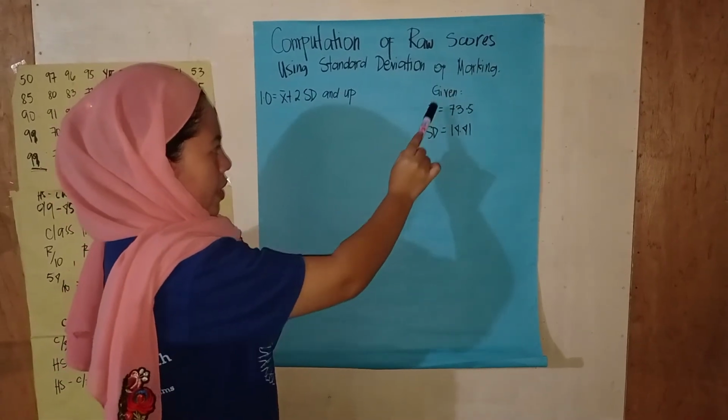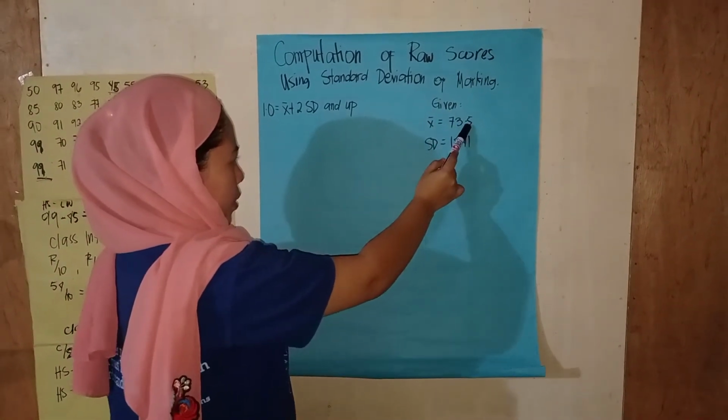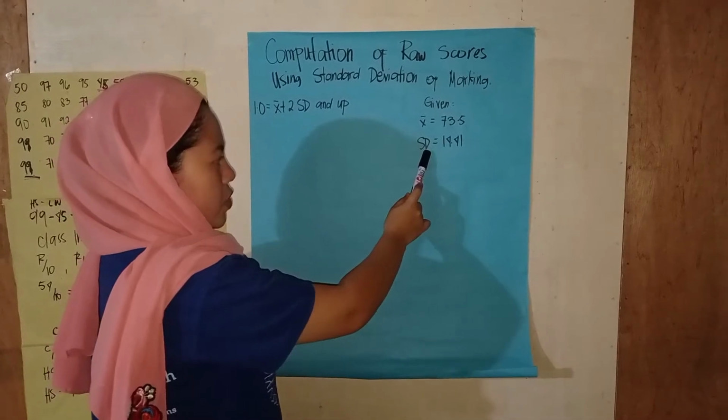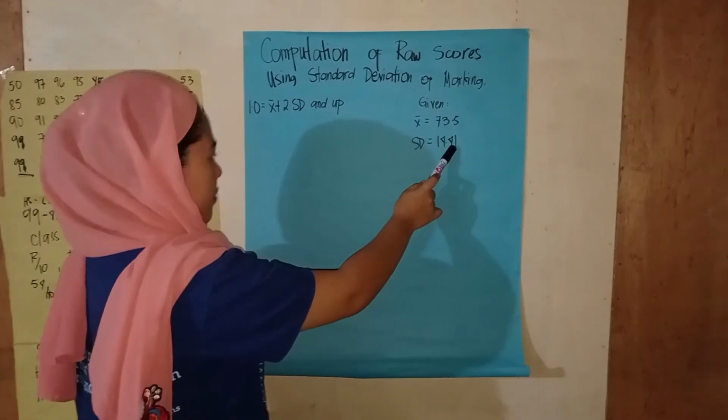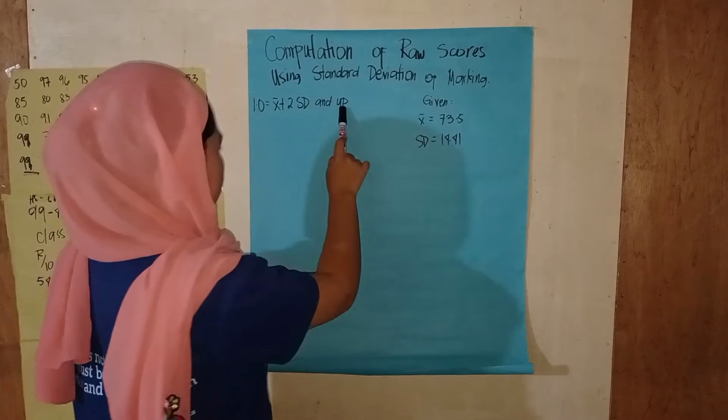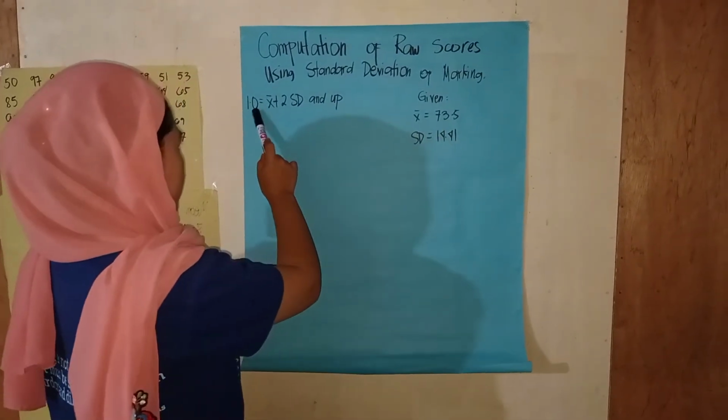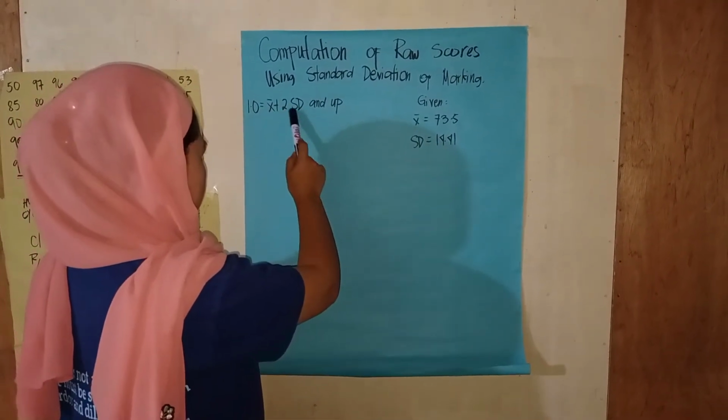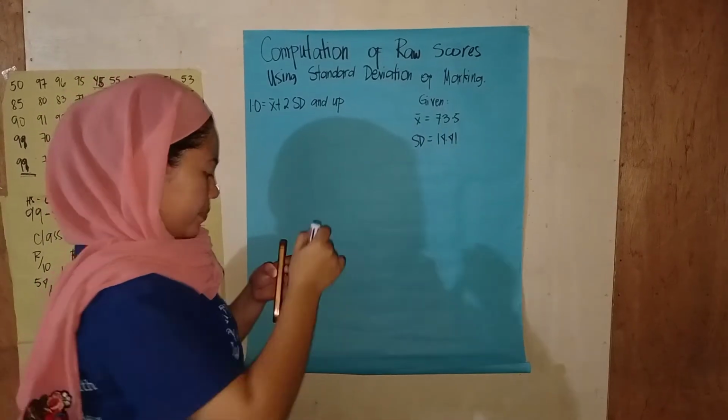So next is computation of raw scores using standard deviation of marking. Here our given: mean equals 73.5 and our standard deviation equals 14.41. Here our formula for 1.0: mean plus 2 standard deviations and up.